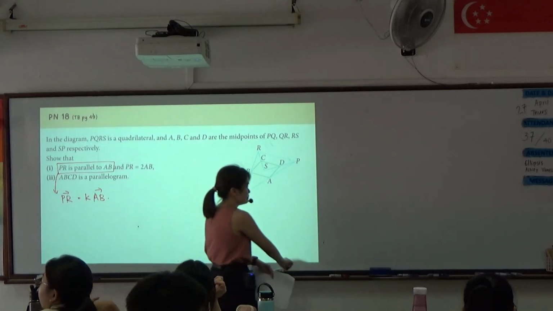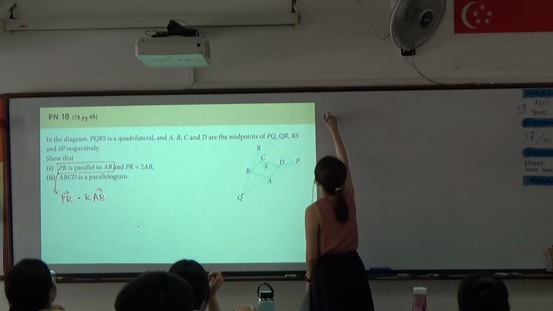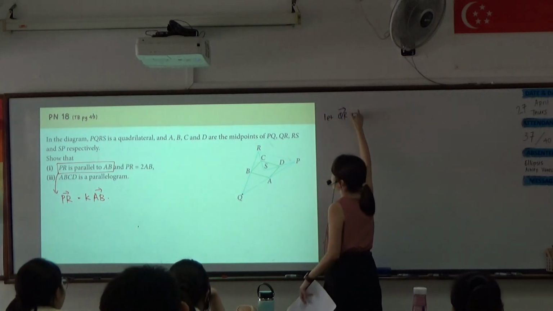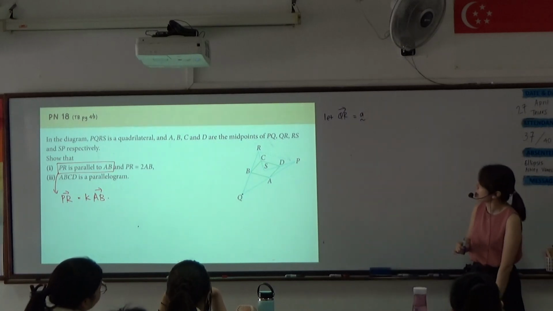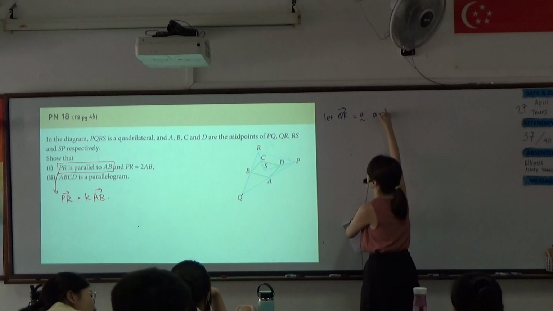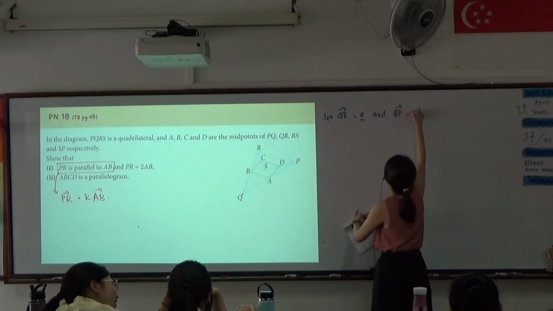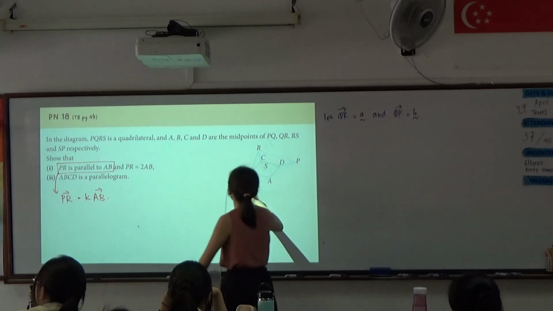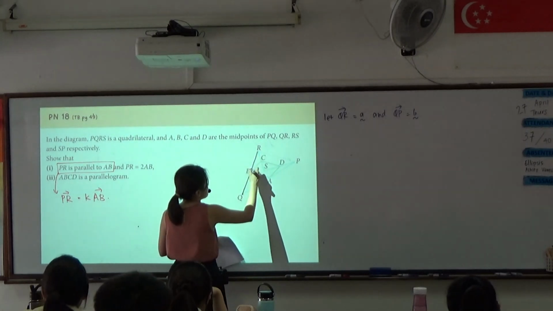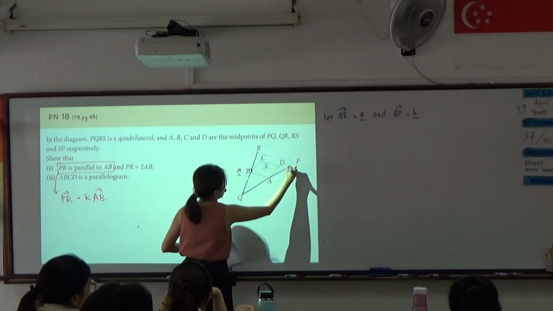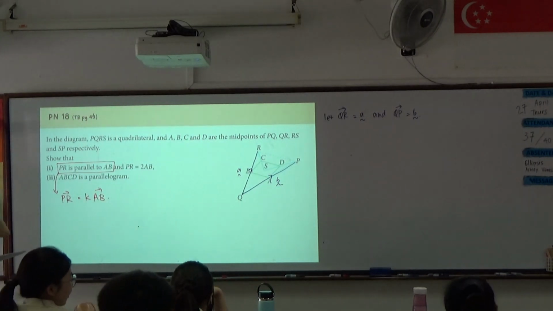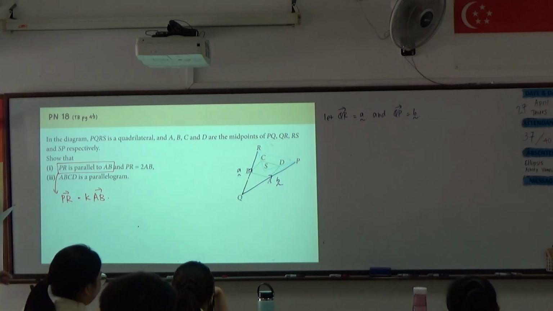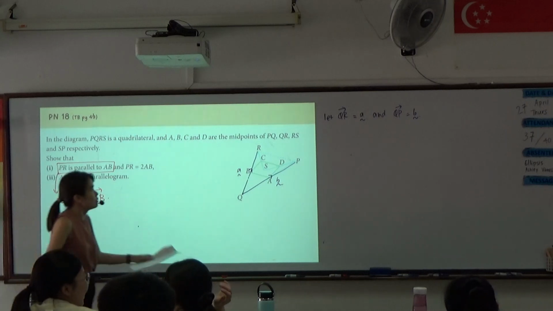So we define such that we can let a certain vector be whatever letter you choose. I define it to be A, and we let another be B. So this shall be a vector A, and this shall be a vector B. Sorry, my bad.